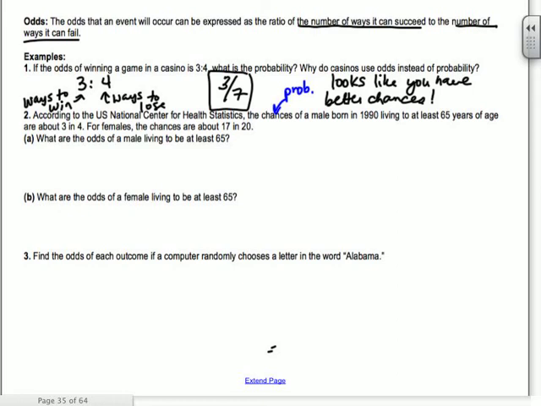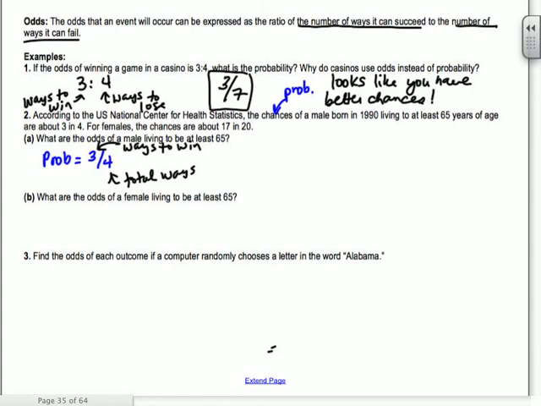Okay, so if the probability is 3/4, probability is always kind of like your ways to win out of the total ways. This is kind of morbid. So the ways to lose would be the number of ways to die, right?